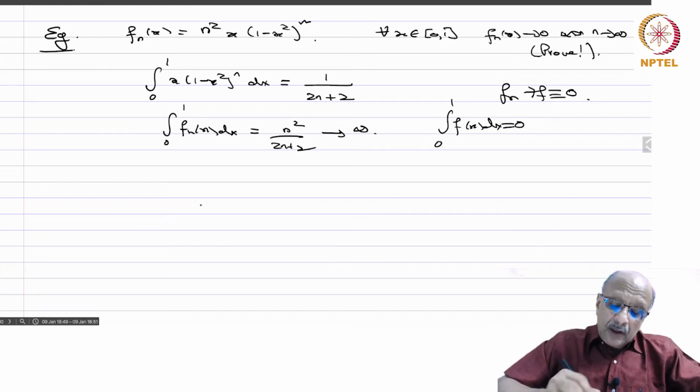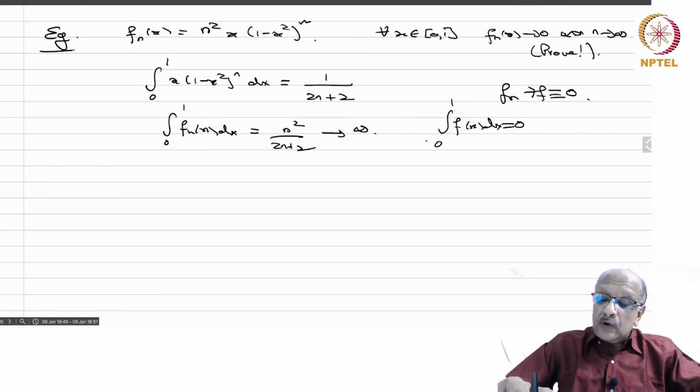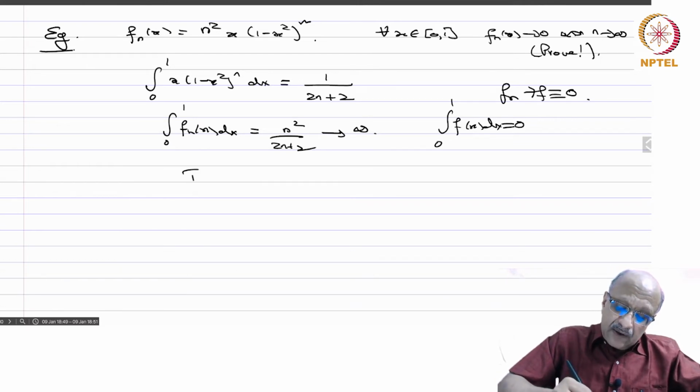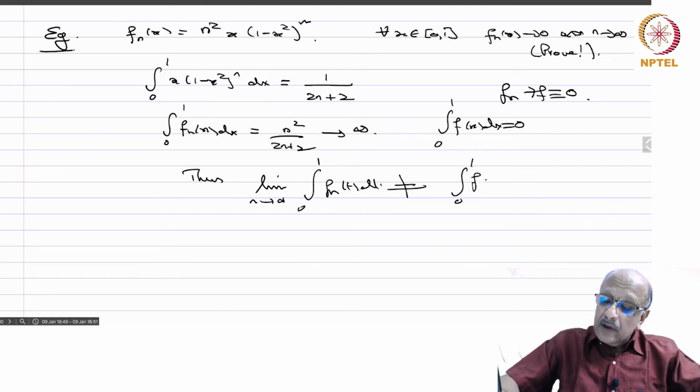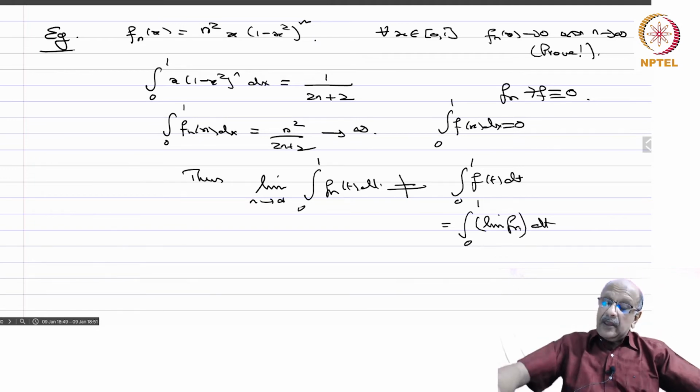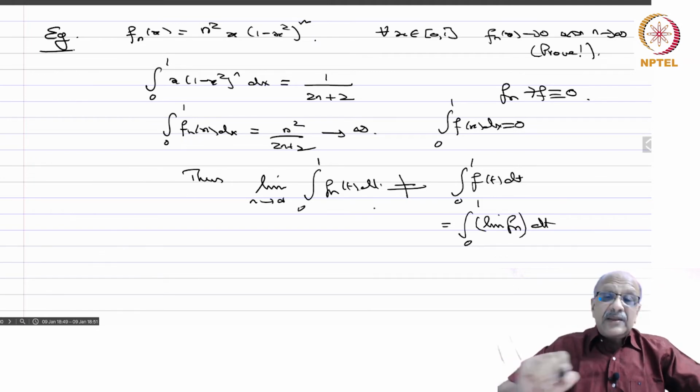And therefore, even though the limit function is Riemann integrable, the limit of the integrals is not equal to the integral of the limit. Thus, the limit as n tends to infinity of the integral of f_n(t) dt from 0 to 1 is not equal to the integral from 0 to 1 of f(t) dt, which is the integral of the limit of f_n. Okay, so you cannot take the limit inside the integration sign.